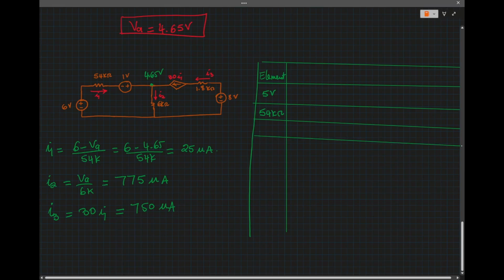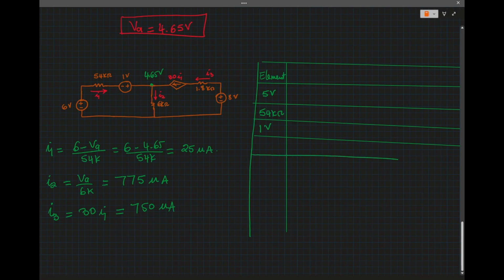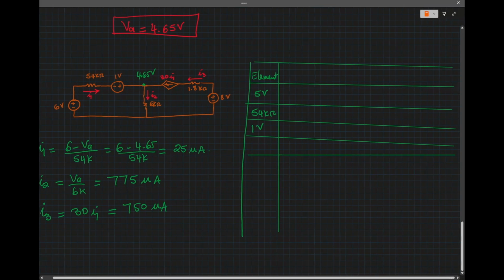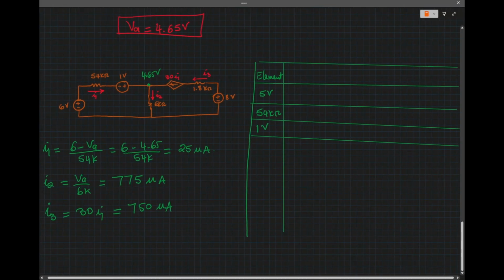I can draw this correctly. So one volt source rather, sorry, and we have, why is it not giving me a straight line? So then we have the 6 kilo ohm resistor.